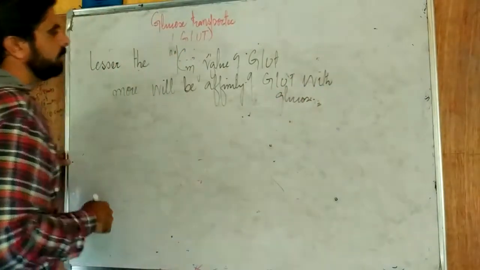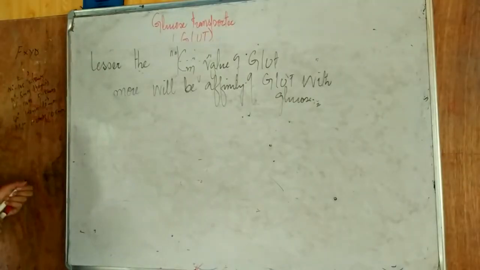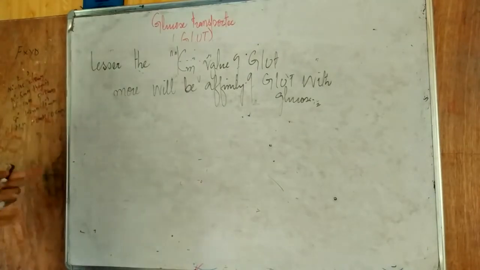That means if the Km value, that is the Michaelis-Menten constant, of the GLUT is lesser, more will be the affinity of the GLUT with glucose.